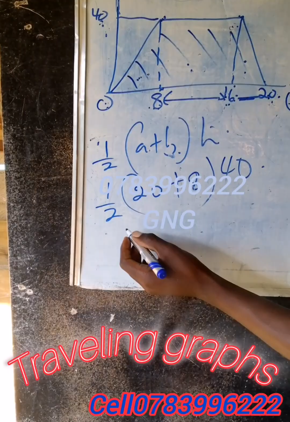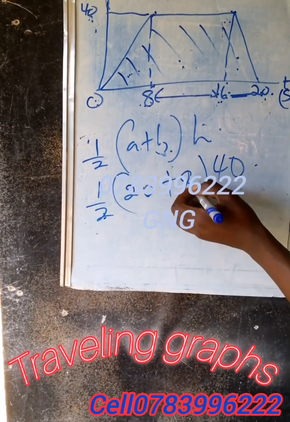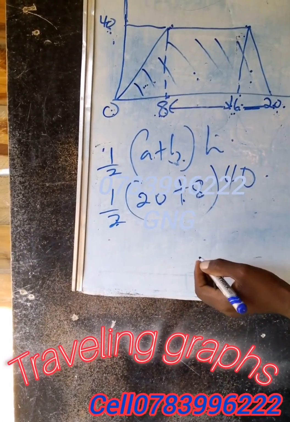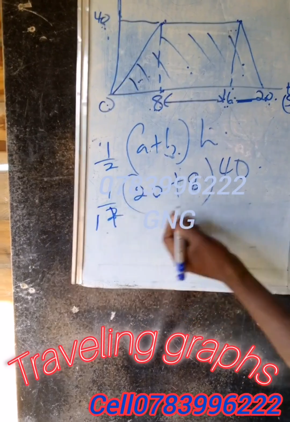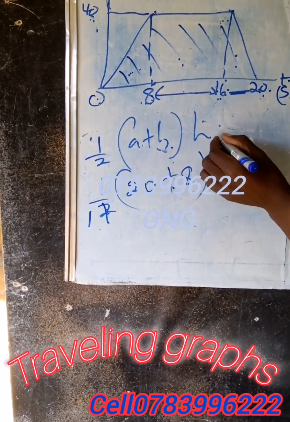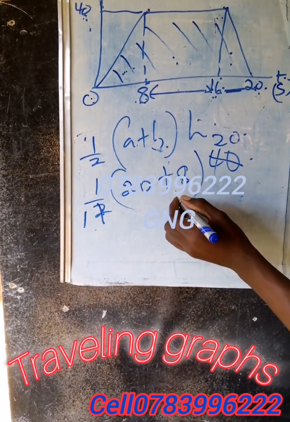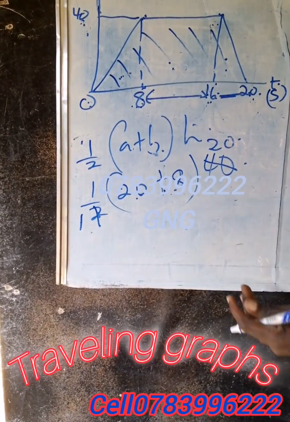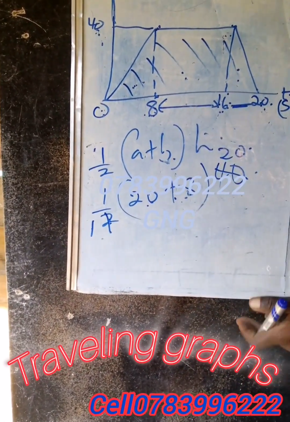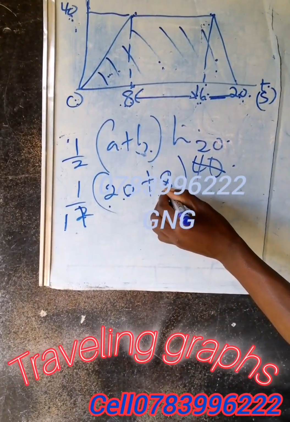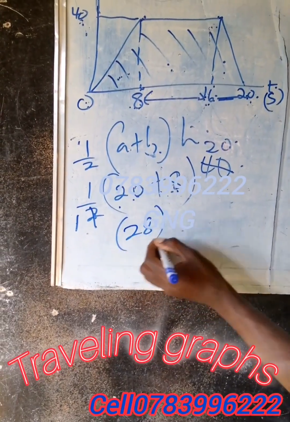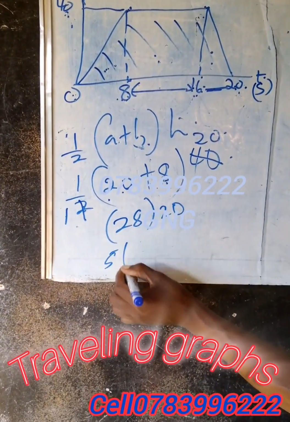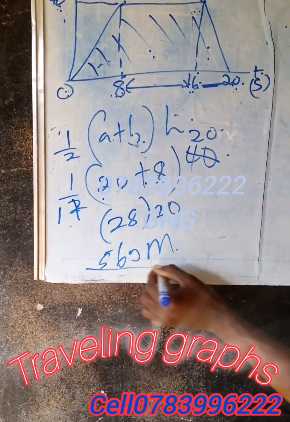I cannot say 2 into 20, 2 into 8 here because we are adding. But we can say 2 into 2, 1, 2 into 40, we get 20. Or I may first add 20 plus 8, then I get 28, then I put 2 there. 28 multiplied by 20, I get 560 meters.